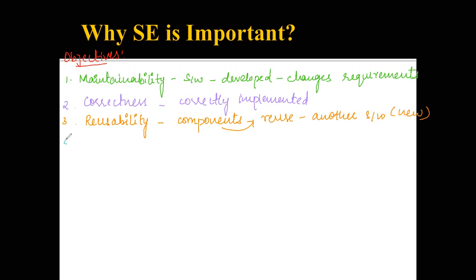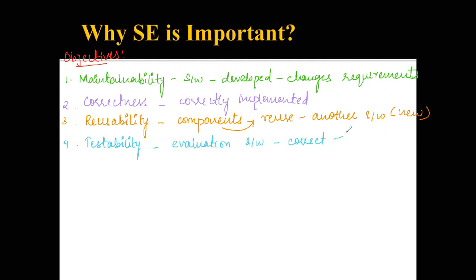Then the fourth objective is testability. Now testability means you're going to evaluate the software. Evaluate means checking whether it is giving you the correct result or not. Testability can be ensured in two ways.